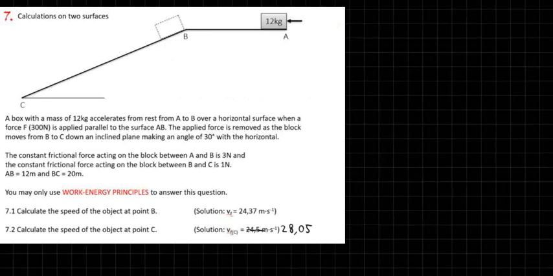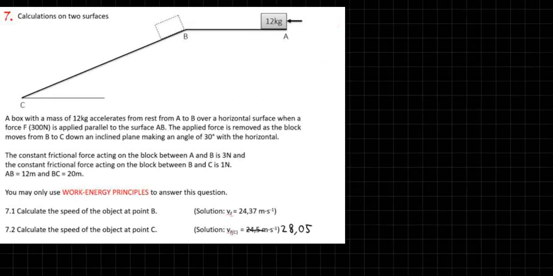A box with a mass of 12 kg accelerates from rest from A to B over a horizontal surface when a force of 300 Newton is applied parallel to the surface AB. The applied force is removed as the block moves from B to C down the inclined plane, making an angle of 30 degrees with the horizontal.